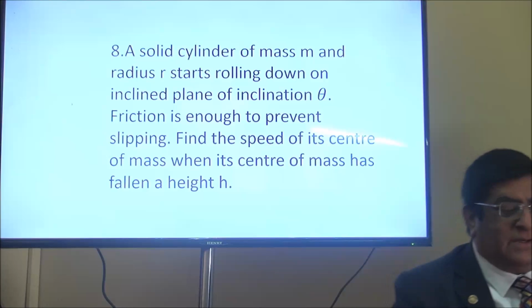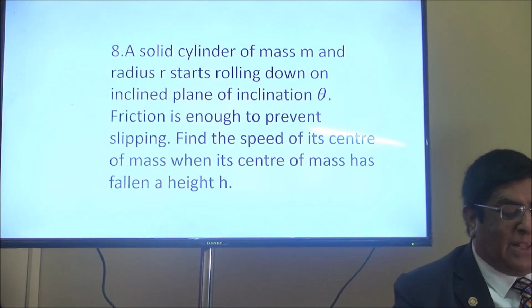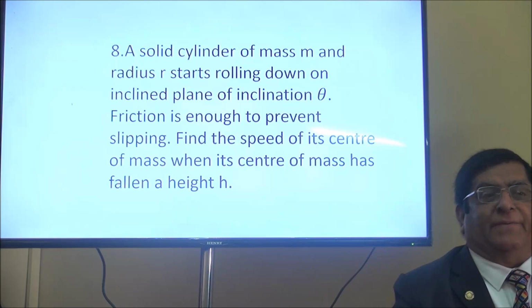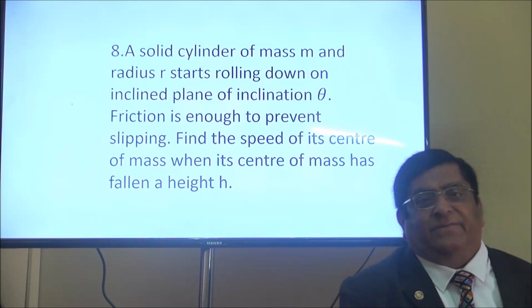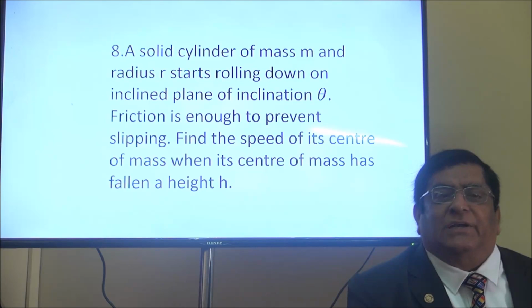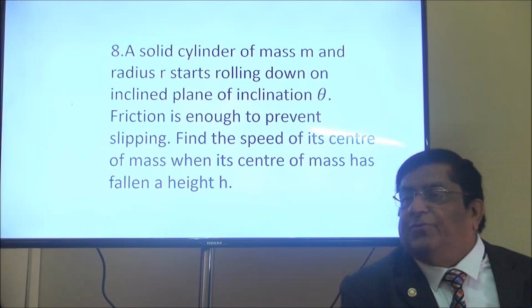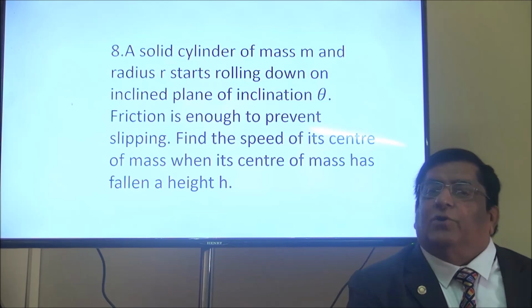A solid cylinder of mass m and radius r starts rolling down an inclined plane of inclination theta. Friction is enough to prevent slipping. Why is this sentence there? It shows that the motion is not a sliding motion, it is a rolling motion. If there is no friction, then it will not roll.